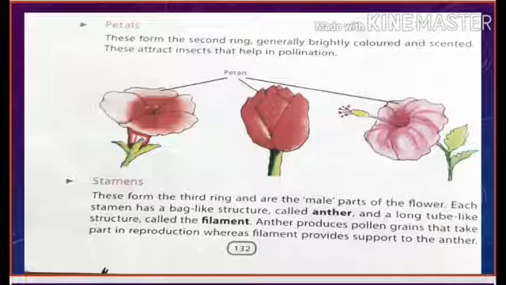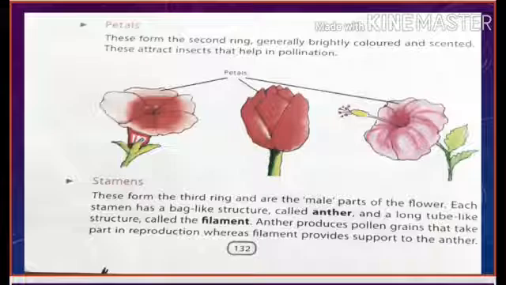Now, this is the time to discuss the third ring of the flower. This ring of the flower is known as stamens. Are you watching the men in the word? And this is the male part of the flower. This forms the third ring of the flower, and each stamen consists of two parts: a tube-like structure at the base supporting the sac-like structure that is called the anther.